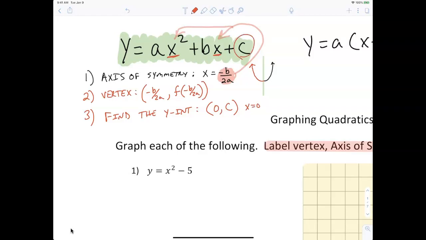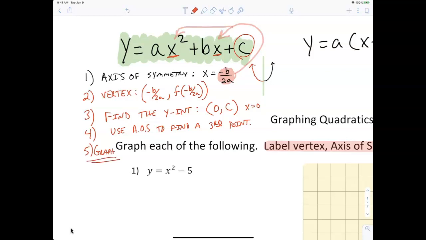C. So now, the fourth step is to use the axis of symmetry to find a third point. And I'll show you exactly what that means, so don't worry, just write that down. And then step 5, of course, is just to graph.